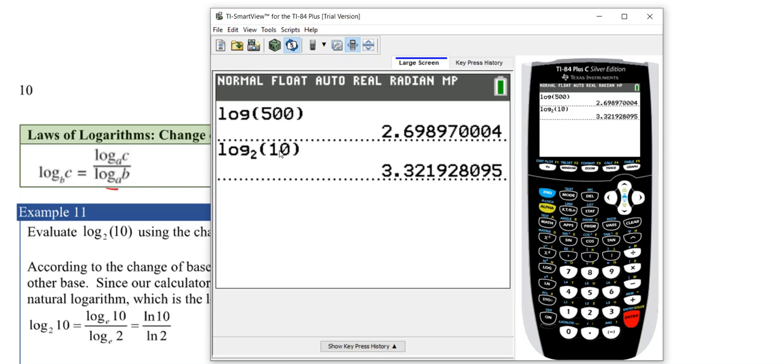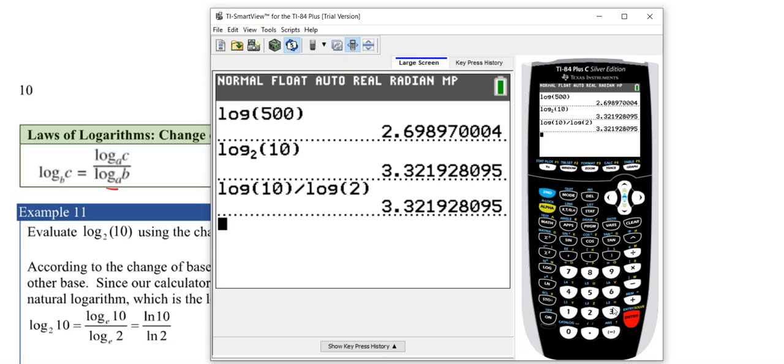Now, that should be the same thing as just using our common log of 10, close the bracket, divided by the common log of 2, and then equals. You see that we end up getting the exact same thing. And that's not that much harder, is it? You just have to type in log base 2 of 10 as log 10 over log 2. Hopefully you see that pattern, the 10's over the 2.